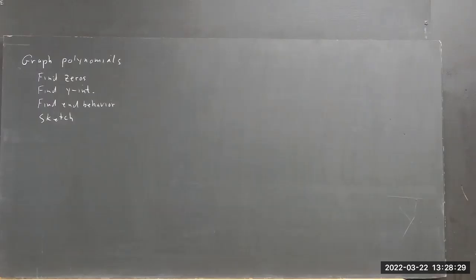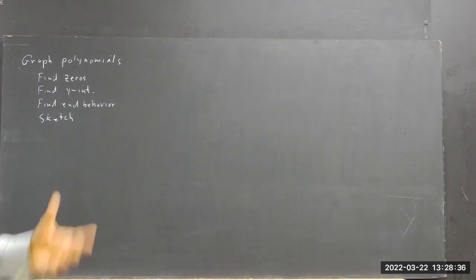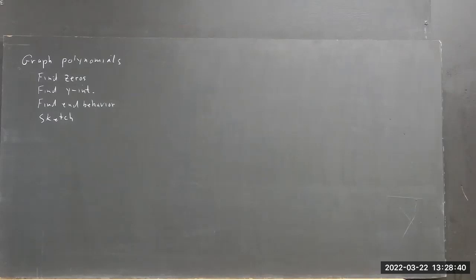Okay, to graph polynomials, three things. You find the zeros, you find the y-intercept, you find the end behavior, and then you make your sketch. Okay? Now, you also need to take into account multiplicity.